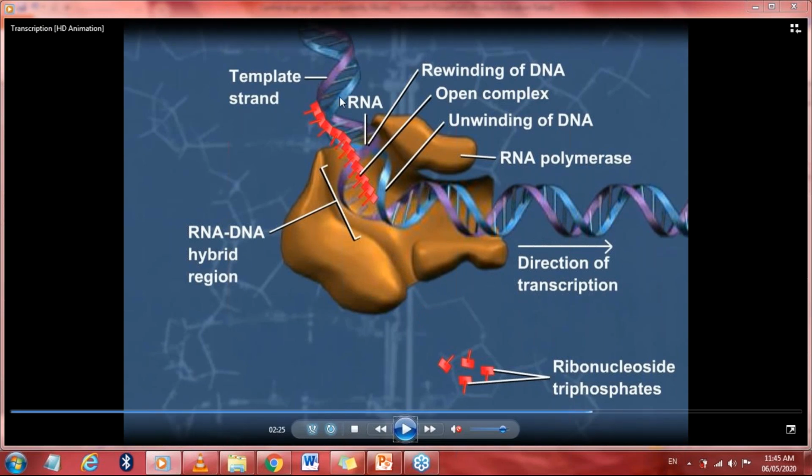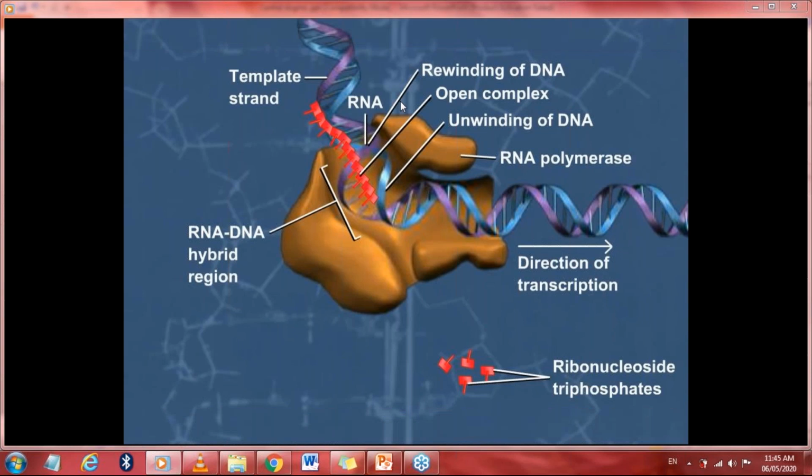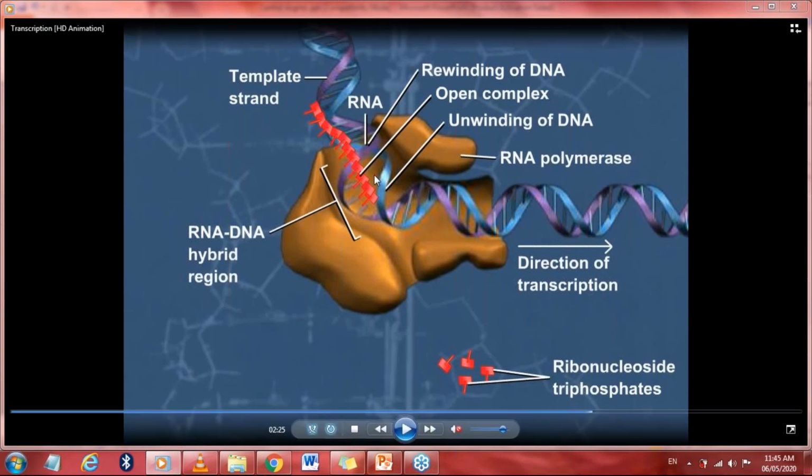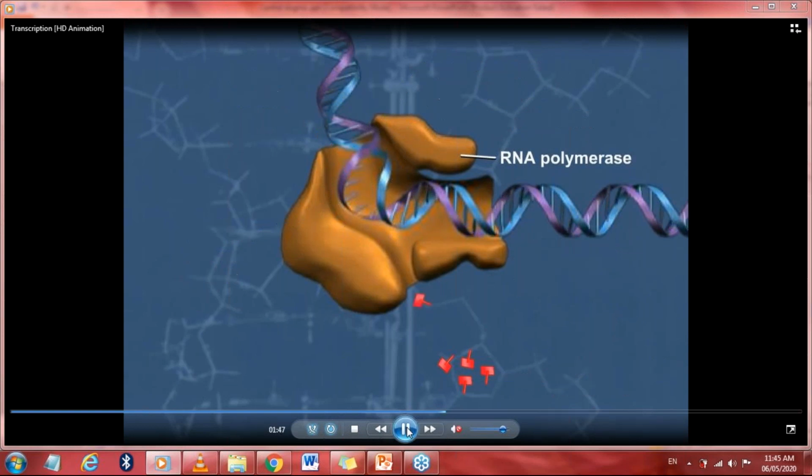Again, listen, this is our DNA molecule. When a promoter region binds to this DNA, what will happen? RNA polymerase will come to this side and unwind this DNA.